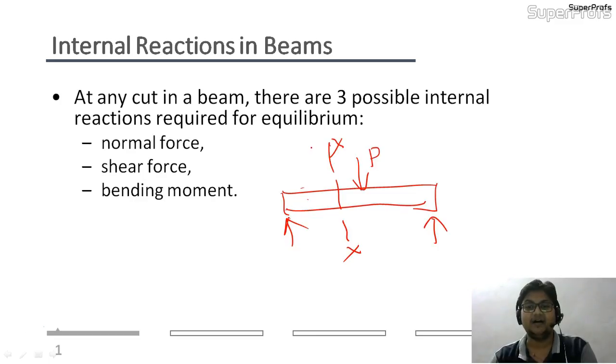If I ask you what internal resisting forces are developed in the beam, you just cut that section out and see what reactive forces must come into the picture to keep the beam in equilibrium. Again and again I am repeating the term equilibrium, and that too static equilibrium. If you are able to visualize it, you will not face any difficulty.